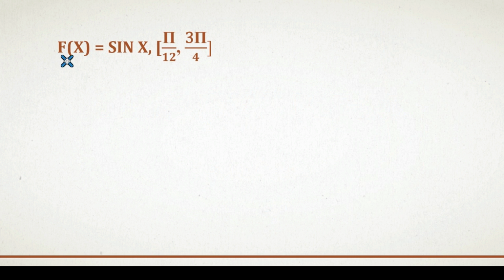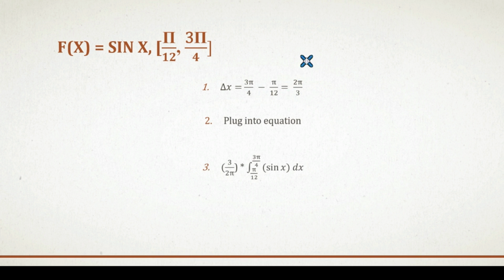Let's say our function f of x is equal to sine of x, and our leftmost bound is pi over 12 and our rightmost bound is 3 pi over 4. Our first step is to find the width, correct? Delta x is equal to 3 pi over 4 minus pi over 12, which is equal to 2 pi over 3. We just plug that into the equation: 1 over 2 pi over 3 is just 3 over 2 pi, multiplied by the integral from pi over 12 to 3 pi over 4 of our function sine x dx.